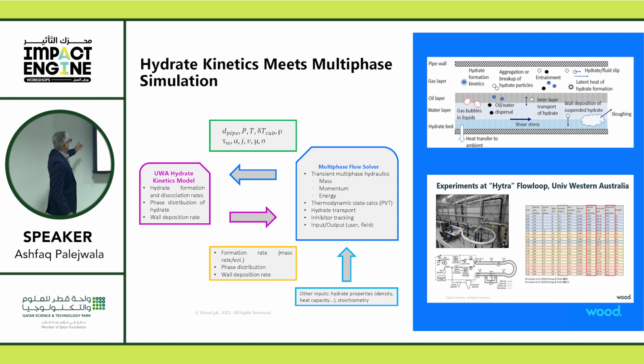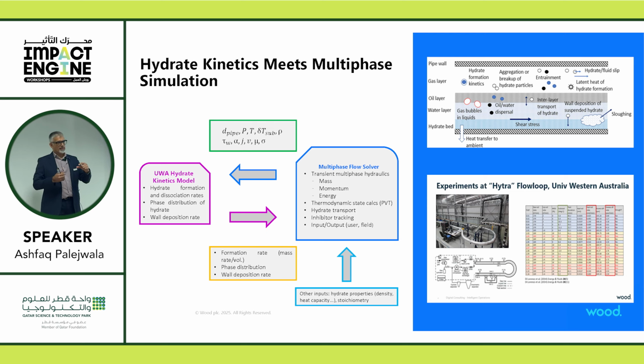The hydrate kinetics model looks at hydrate formation, dissociation, phase distribution, and wall deposition rate. So it independently calculates how the hydrates will kinetically form. We then take that information and put it into a multiphase flow solver. Whenever hydrates form, they form a layer.